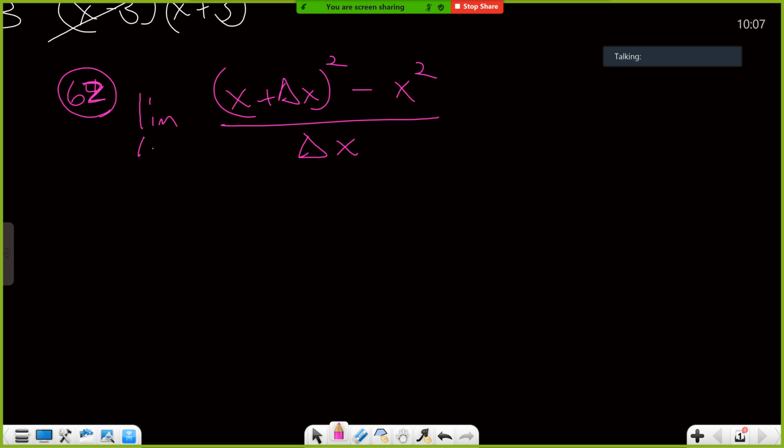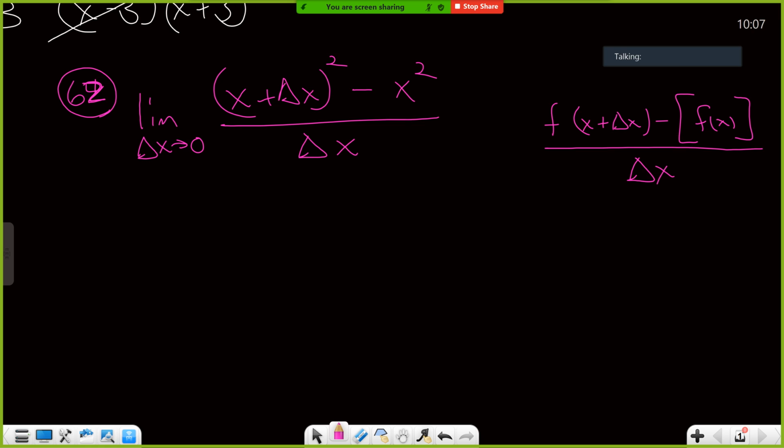We're going to take the limit as delta x approaches 0. The right-hand side of that equation should look familiar. We've done this a couple of times. Yes? Okay, call that the difference quotient.